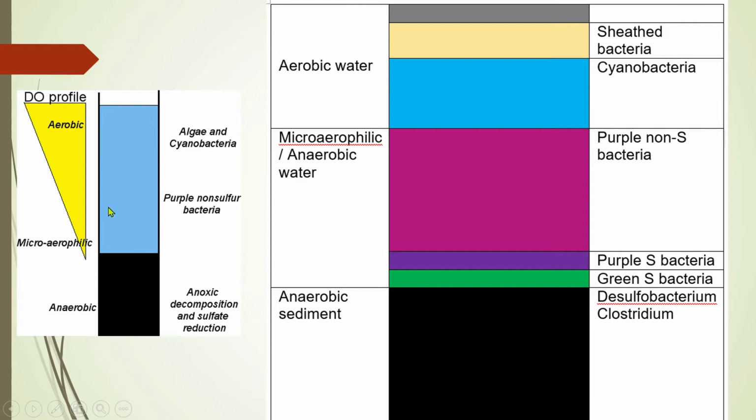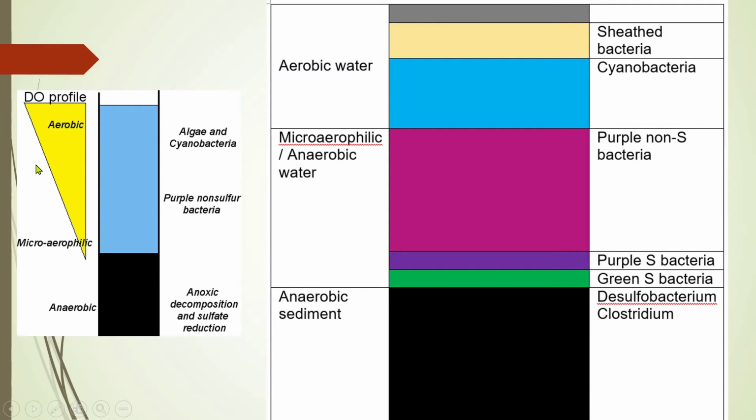Okay, so theoretically, when you have made a column that is done properly, you should be able to get a nice decreasing dissolved oxygen profile from the surface all the way to the soil area.